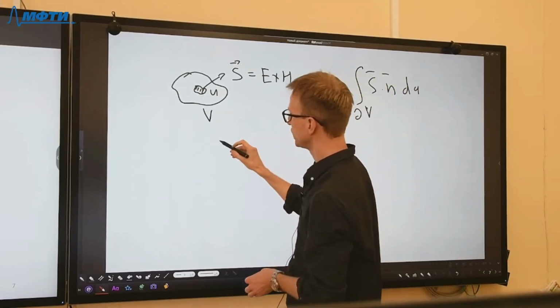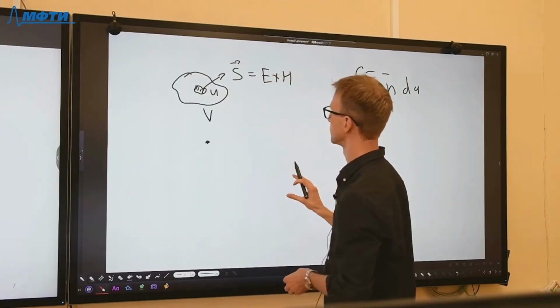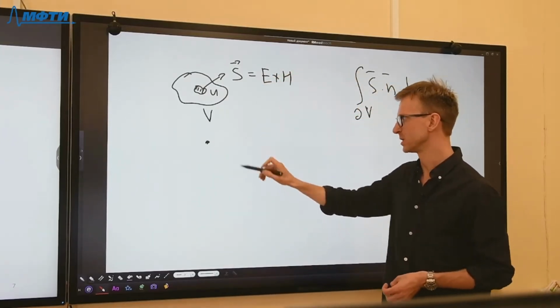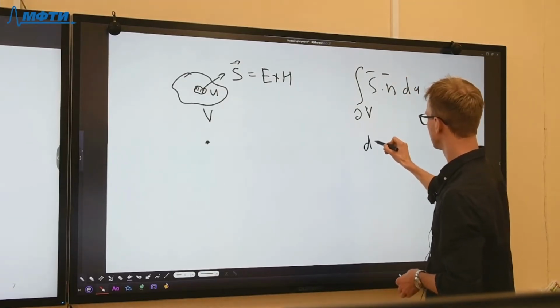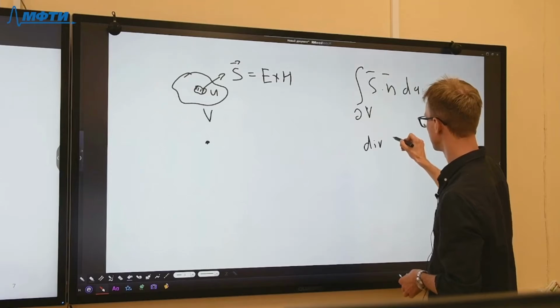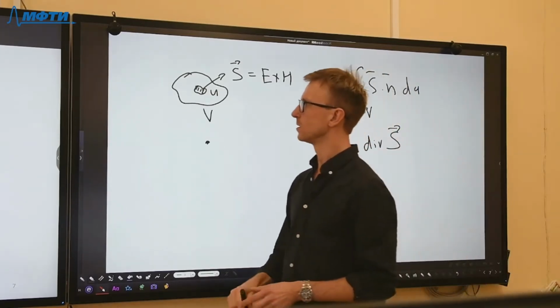If we are interested only in one little point, in how fast the electromagnetic energy is changing exactly here, then we reduce this to the local form, and this gets transformed to the divergence of S. Okay.